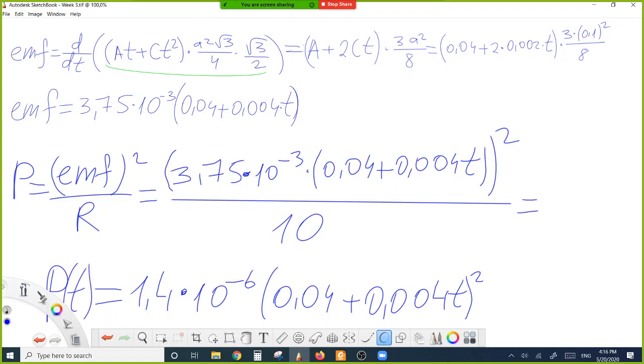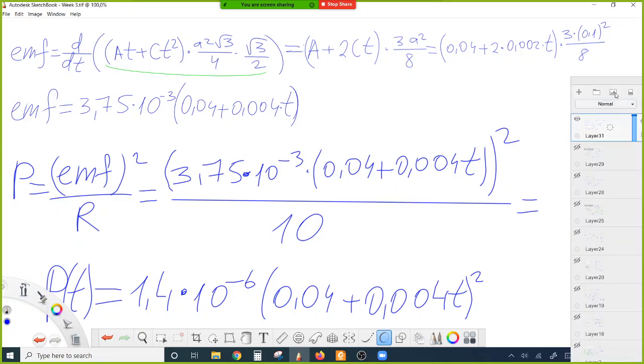Now we define the expression of power with respect to time, P(t). And now if we want to derive the expression of heat which is released, we need to integrate power.